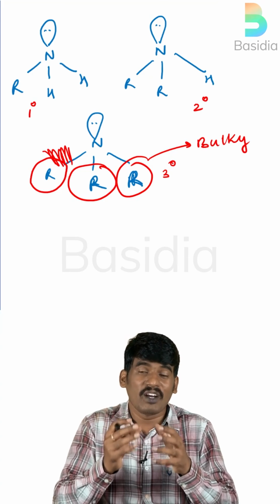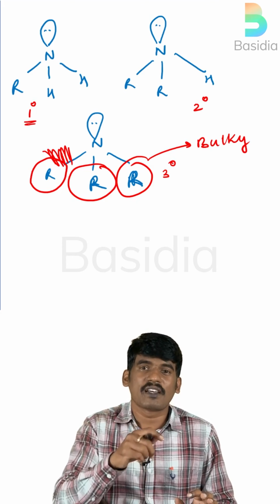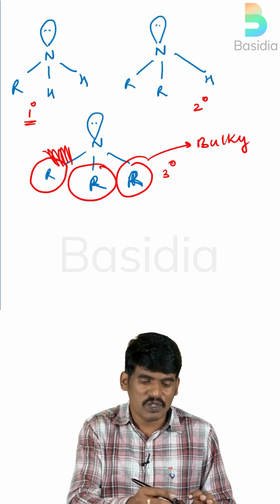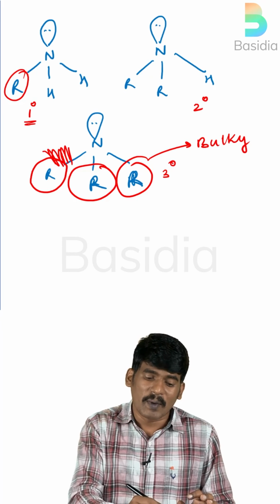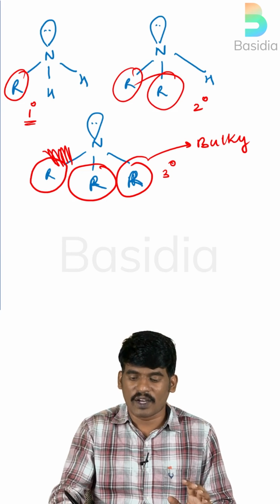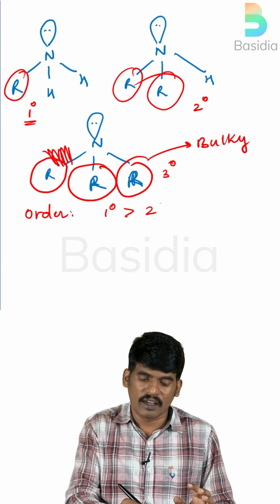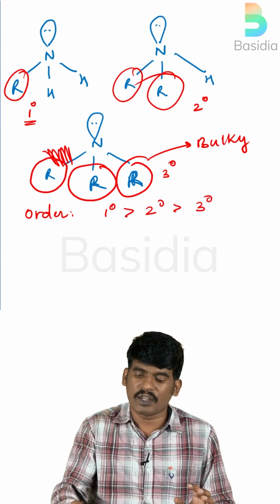But in which amine are lone pairs more available for donation? In primary amine, lone pairs are more available for donation, because only one alkyl group is there. But in secondary amine, 2 alkyl groups are there. So according to steric effect, what is the order to be followed here? Primary greater than secondary greater than tertiary.